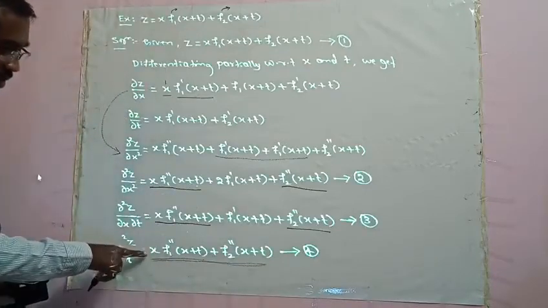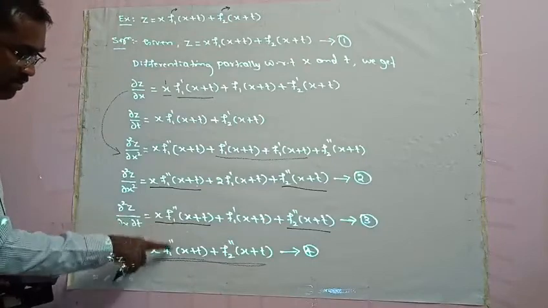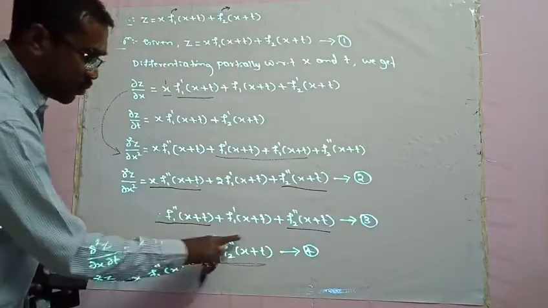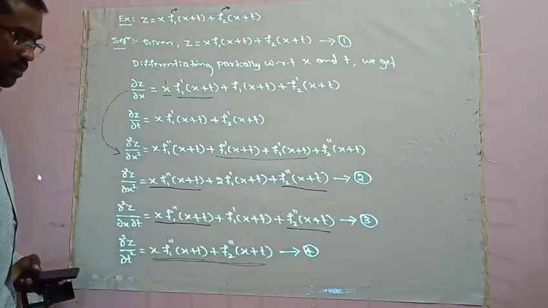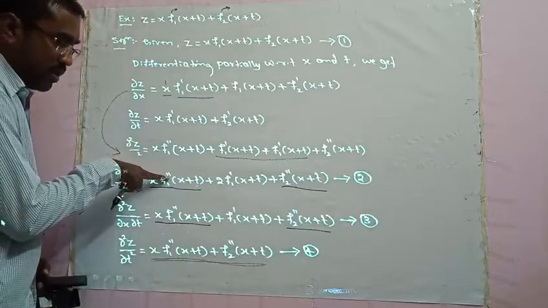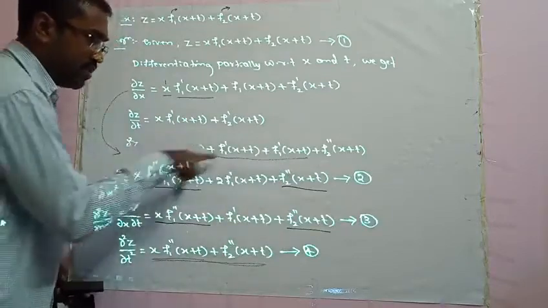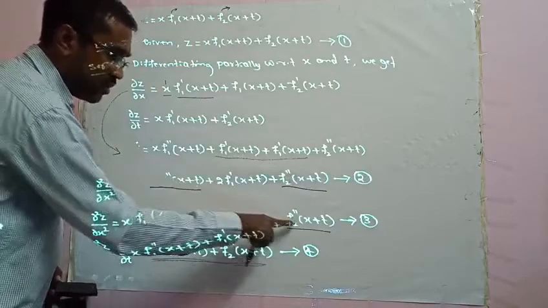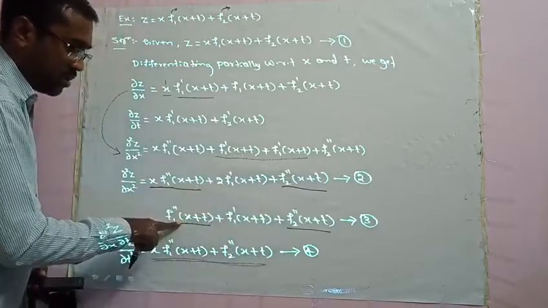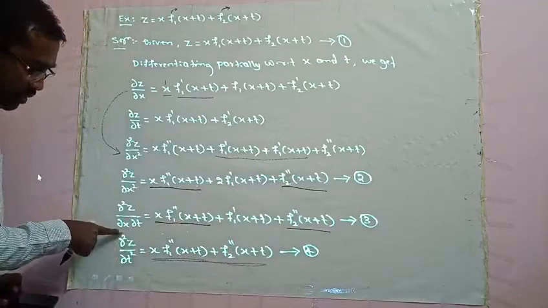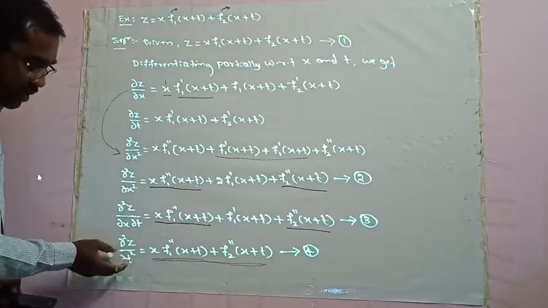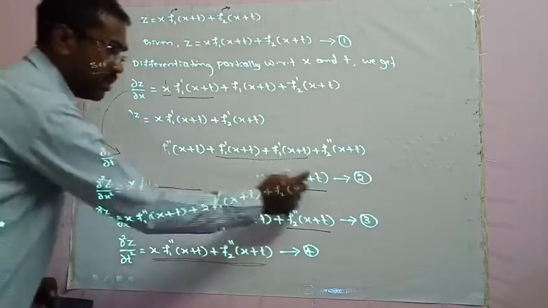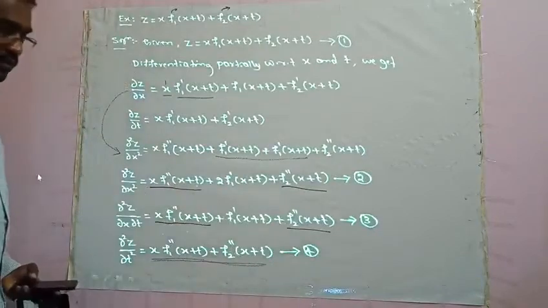See here, x f1 double dash plus f2 double dash. That means in the place of the summation of these two terms, here and in this equation, we can replace it by dou square z by dou t square. I can replace this in these places.